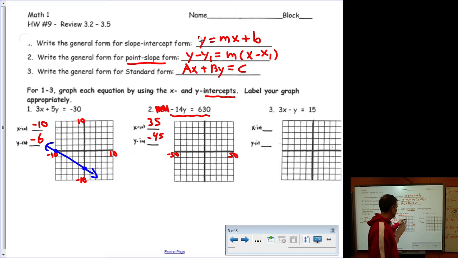So 10, 20, 30, 40, 50, and negative 10, 20, 30, 40, 50. And so I would have a dot on the x-axis at 35. 35 would be right between 30 and 40. And on the y, I'd be at negative 45. So negative 10, negative 20, negative 30, negative 40, negative 45 would be right in the middle. And I can connect those and I have my line.